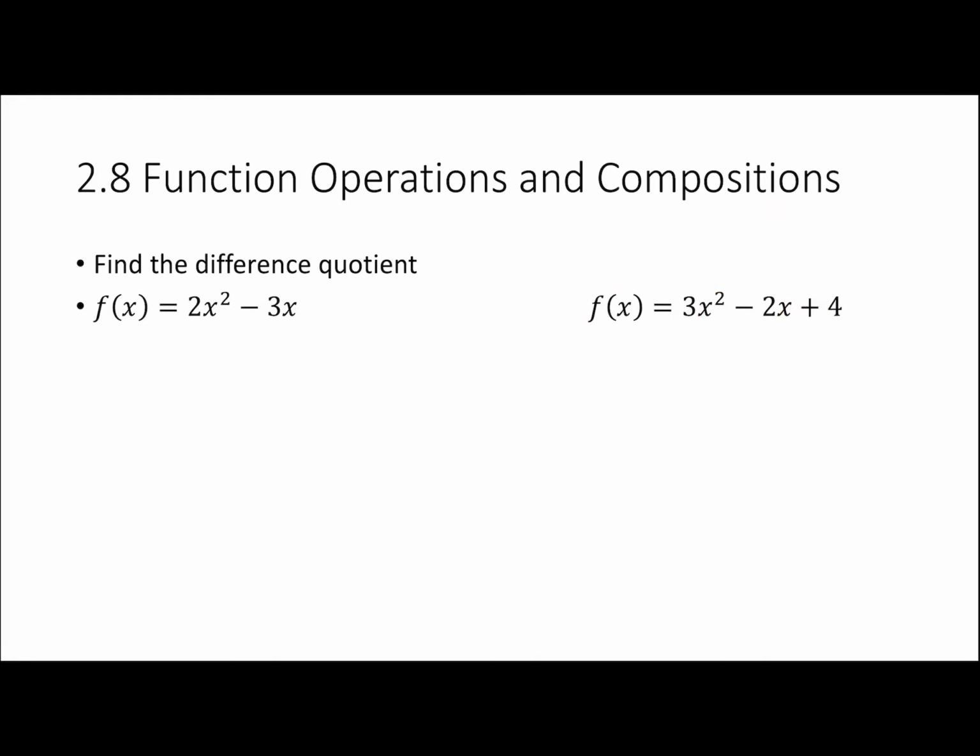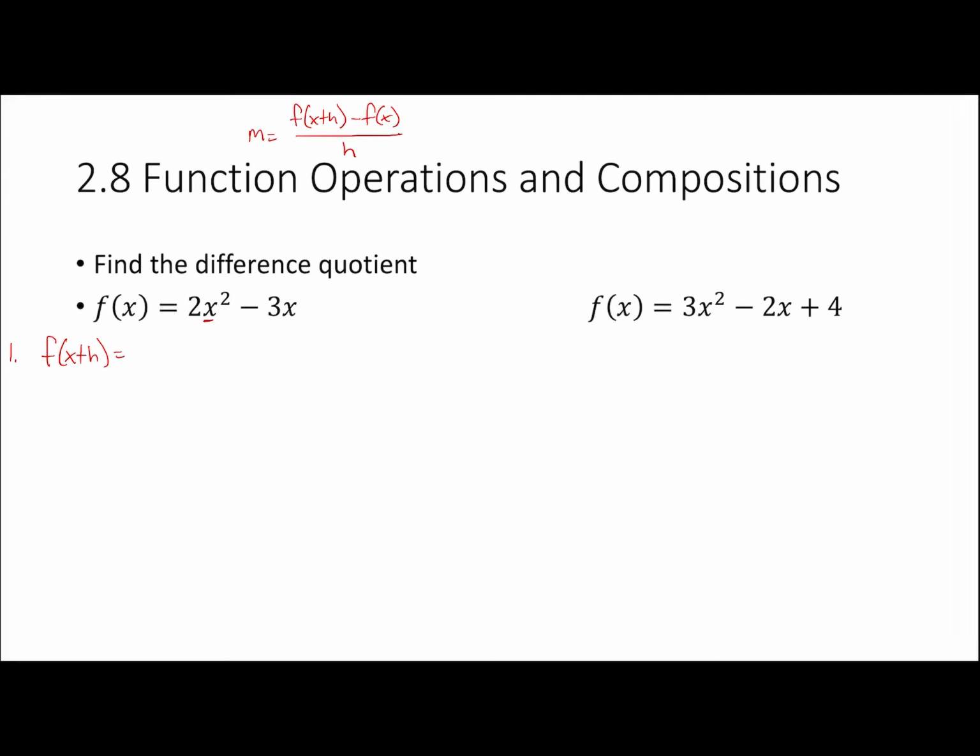All right, so we're going to find the difference quotient. And when we find the difference quotient, again, we're using this formula. So this slope is f of x plus h minus f of x divided by h. So the first thing we want to find is f of x plus h.